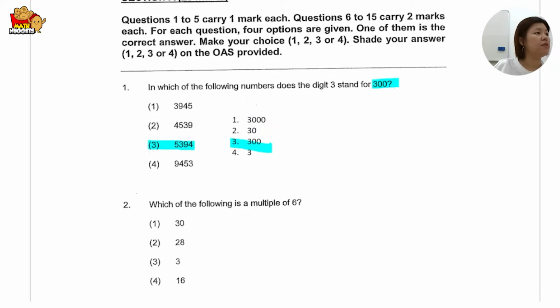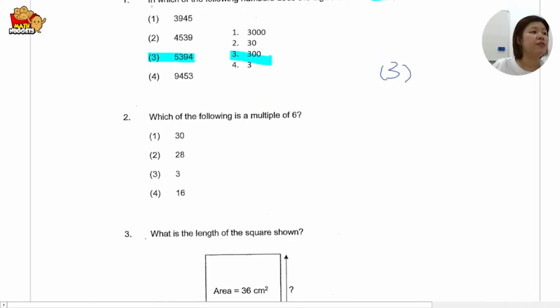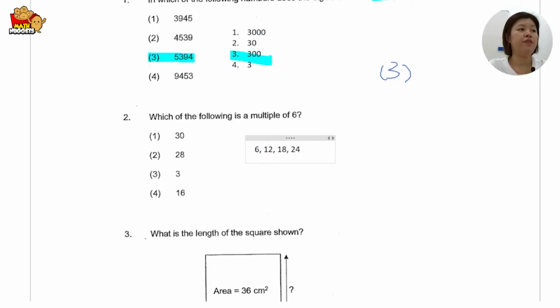Okay, so answer will be 3. Next one, which of the following is a multiple of 6? Let's list down our 6 timetable. Okay, we have 6, 12, 18, 24, 30, 36, 42.